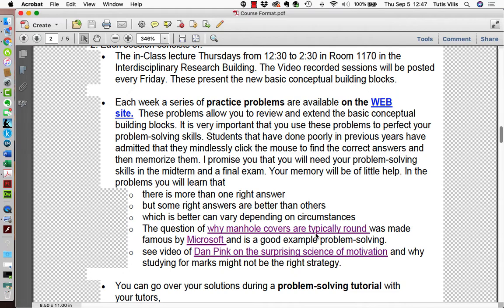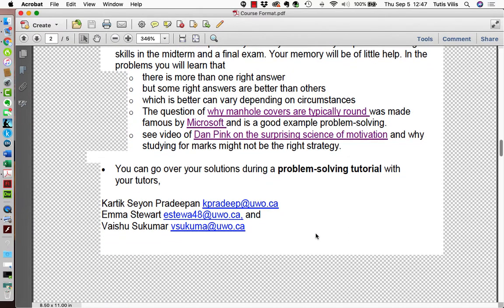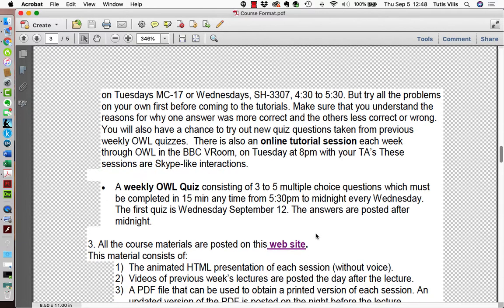To help you solve these problems, those dozen or so problems, we have tutorials, and you met the excellent tutors we have. Hopefully, you'll enjoy their company. You can meet with them either on Tuesdays or Wednesdays. These are the room numbers, and it's from 4:30 to 5:30.